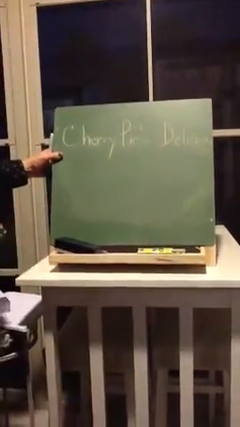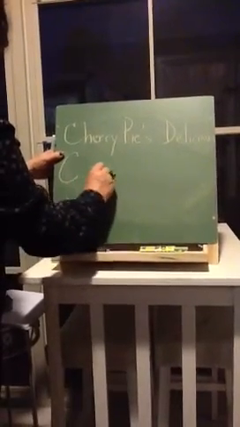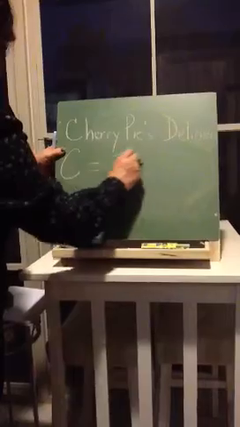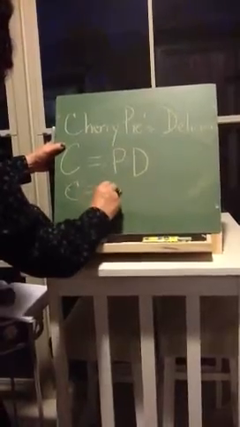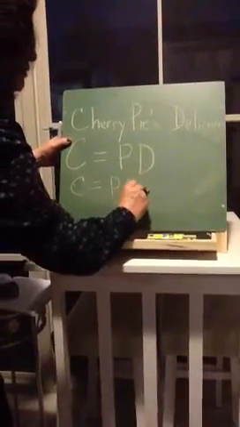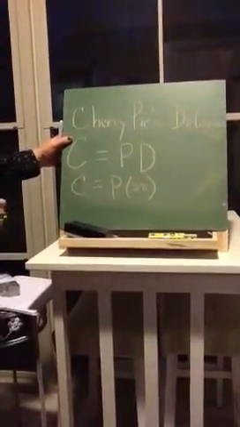And what does that stand for? That stands for circumference equals pi times diameter. Just remember that if you don't have that diameter, you can do 2 times pi.